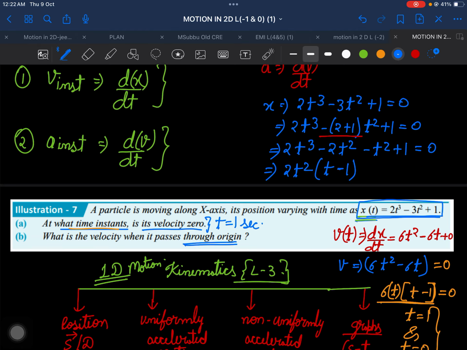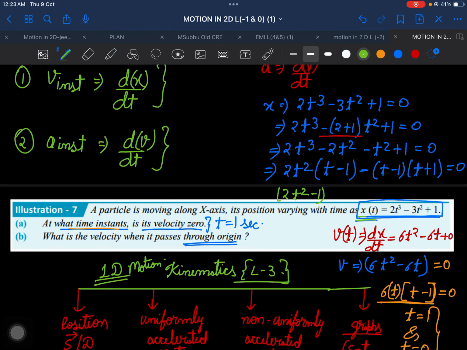And here you can take minus as common, and this will become t minus 1 and t plus 1, is equal to 0. Is that fine? So how many solutions can we get for this? We can take common in one go, right? I hope this mathematics is fine for you.